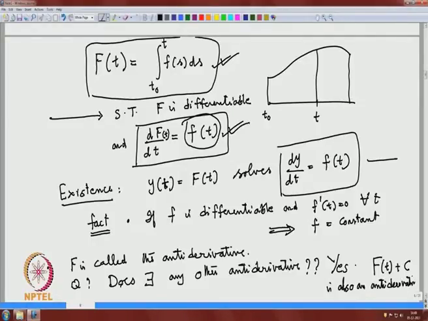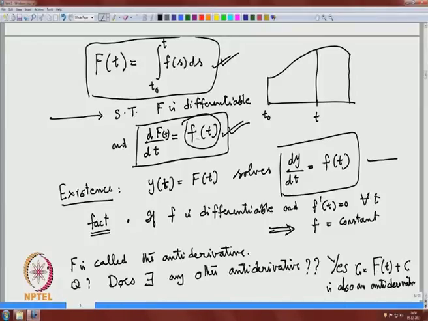So, you have one antiderivative produced via the Cauchy limits, and then if you add any constant, it is also one, because the derivative of that constant is 0. So, if you take g equal to F plus c, then dg by dt is also equal to dF by dt, which is equal to f.